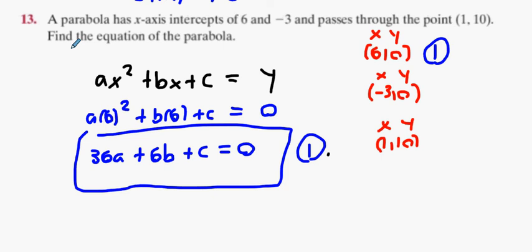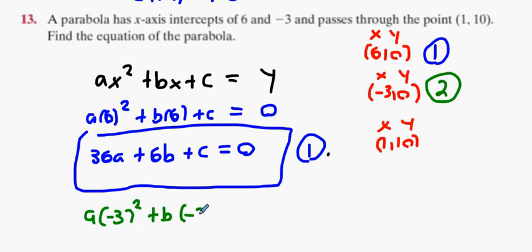Now, I'm going to form equation 2 using the same technique. A times minus 3 squared plus b times minus 3 plus c equals 0. Again, I end up with 9a minus 3b plus c equals 0. That's equation 2.